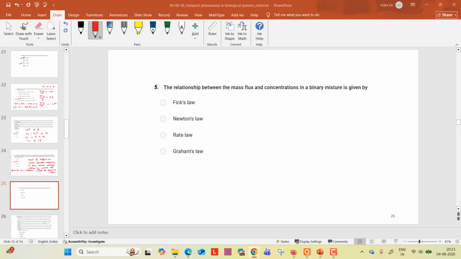Next question. The relationship between the mass flux and concentration in a binary mixture is given by.